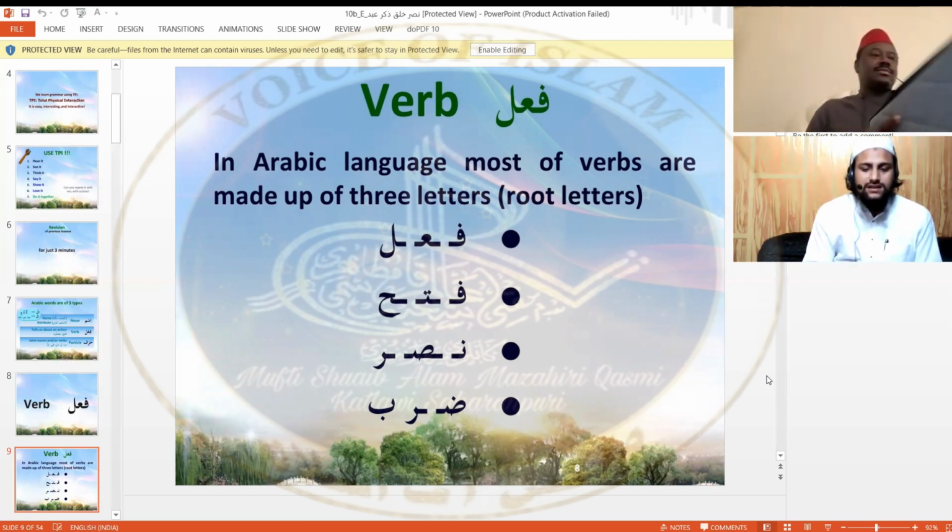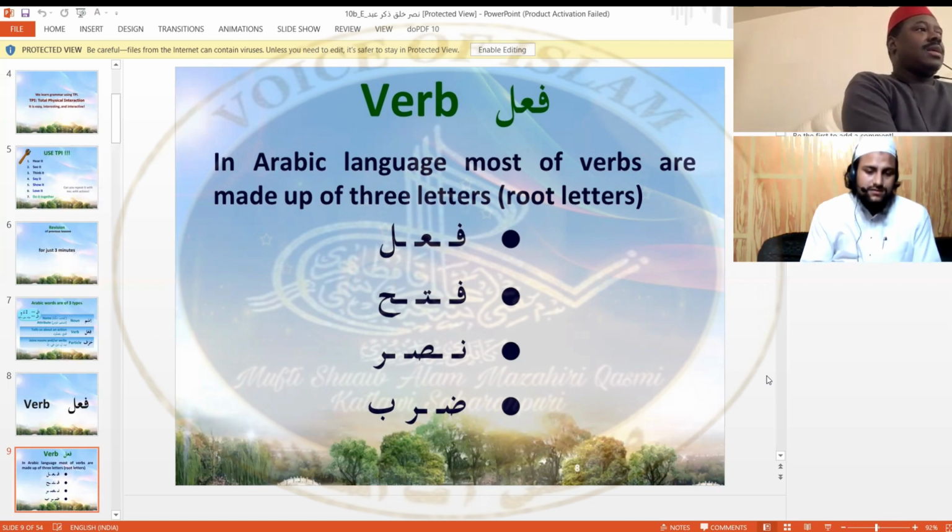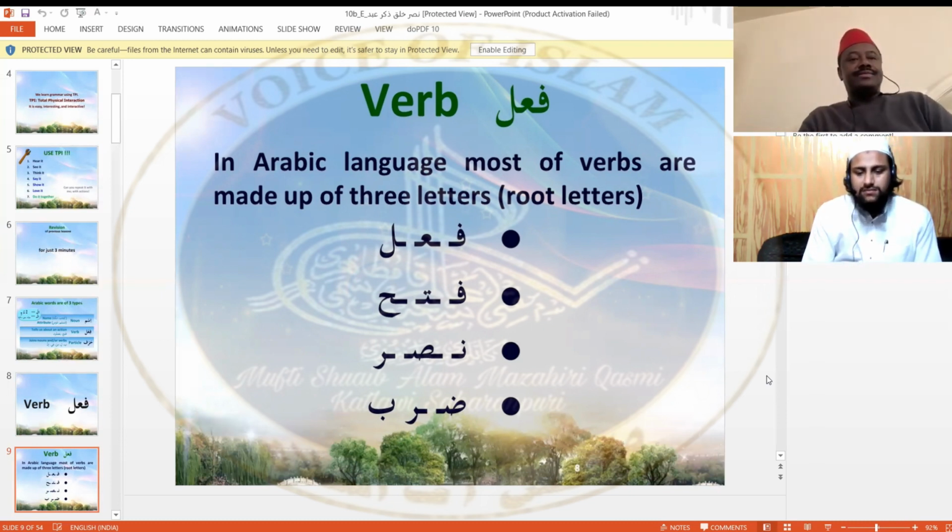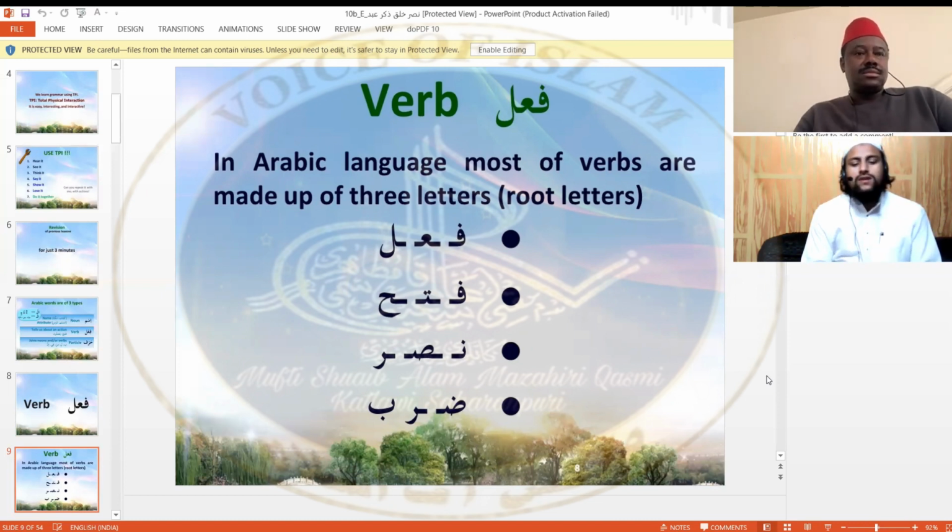Just three letters: fa, ain, lam. Like ra, ha, mim, rahm; ha, mim, dal, hamd; shin, kaf, ra, shukr; kha, lam, qaf, khalaqa; fa, ain, lam, fa'ala; jim, ain, lam, ja'ala. So most verbs are made up of three letters.